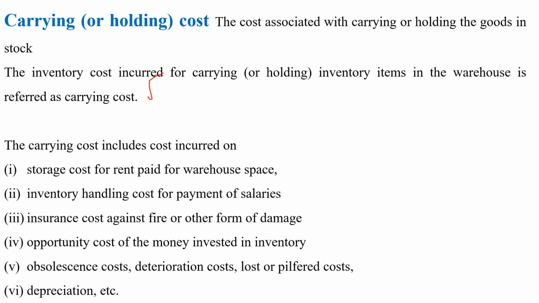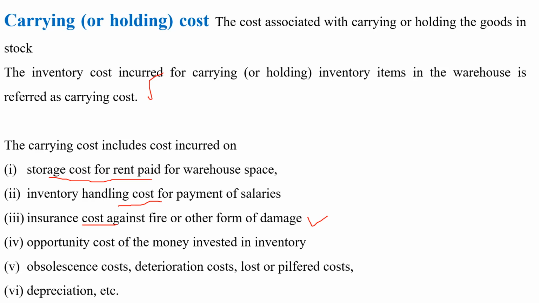The carrying cost includes, first, storage cost, the rent paid for the warehouse space. Second one is the inventory handling cost, for payment of salaries. Third, insurance cost against fire or other forms of damage.